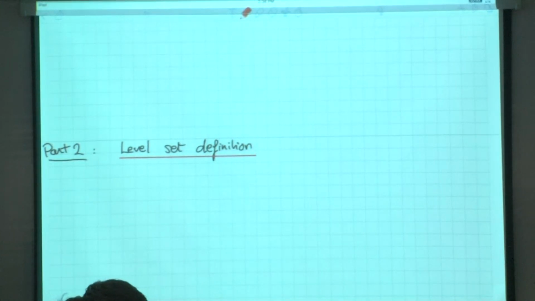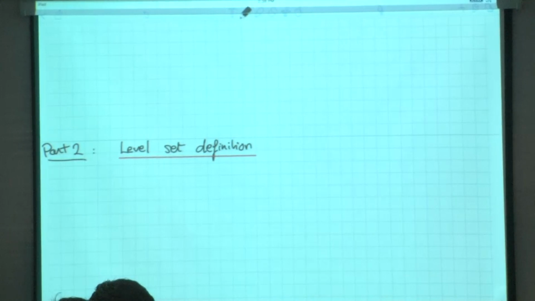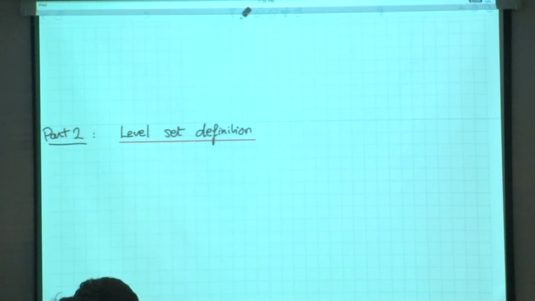So we'll continue with level sets tomorrow. We're not going to tell the entire story of level sets right away. But yes.